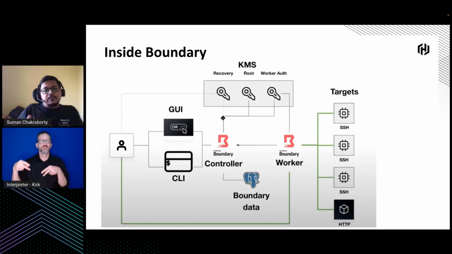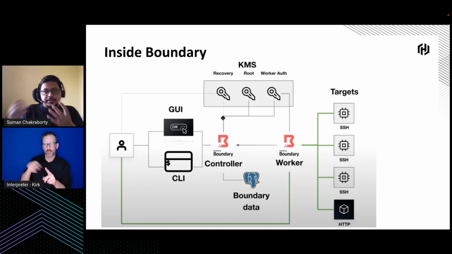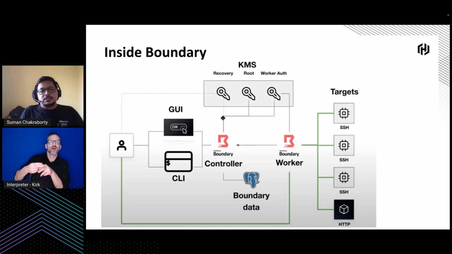Another is the worker auth key, which authenticates with the worker for that particular Boundary environment to proxy the connection. And the other is the recovery key. If you forget your credentials or don't remember them, you can use that key to log back in to your Boundary environment.